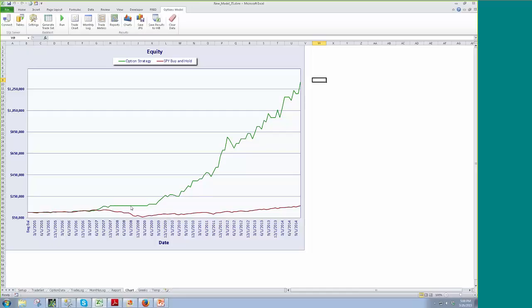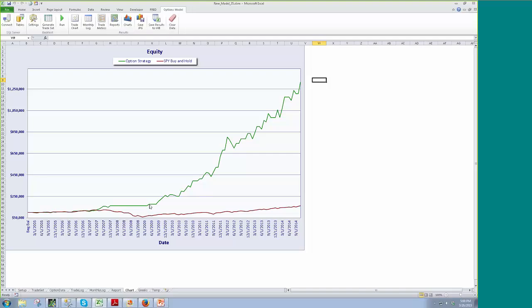So this is why this is flat. There were no trades to be taken during this time, and of course we know this is when the financial crisis happened, and everything went into a meltdown period.